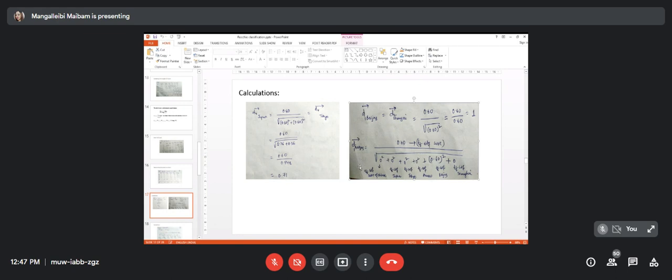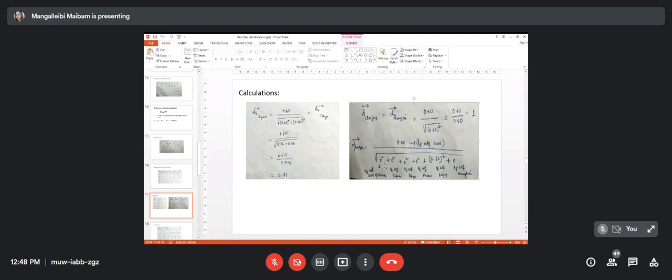This is similar to the calculation we did in cosine similarity, where we do a dot product and Euclidean distance. The same formula is applied here: in the numerator we write the TF IDF score, and in the denominator the TF IDF scores of all the terms in that particular document.